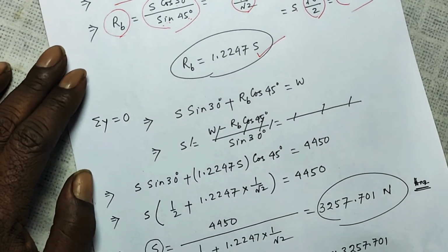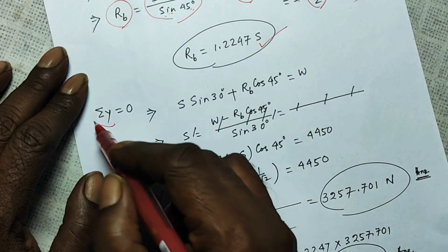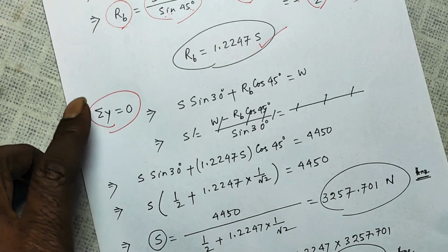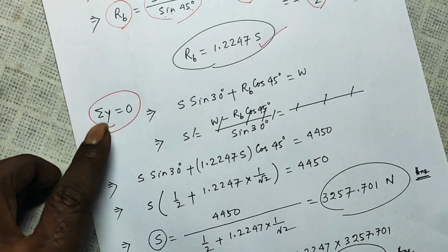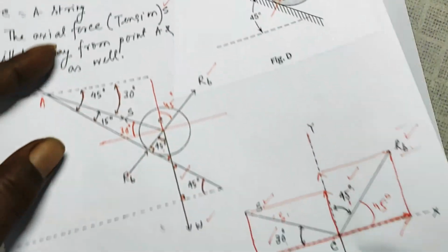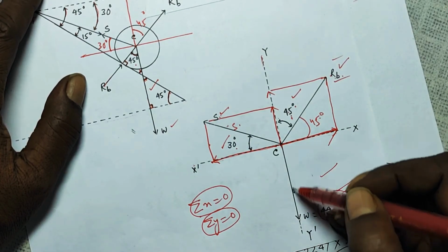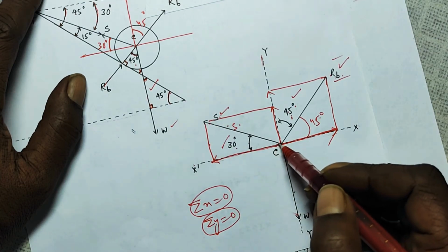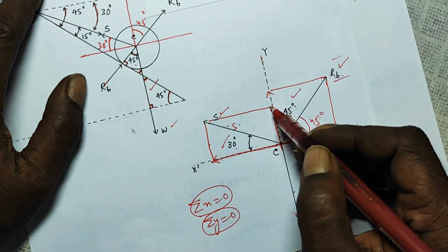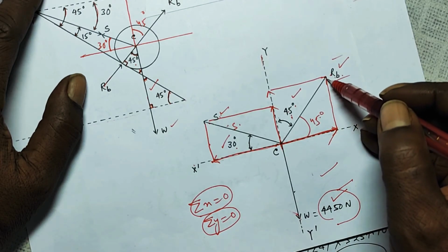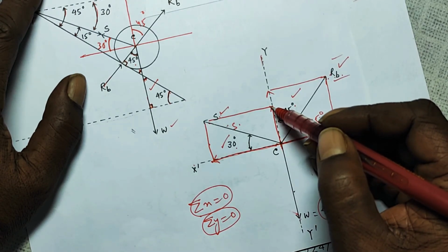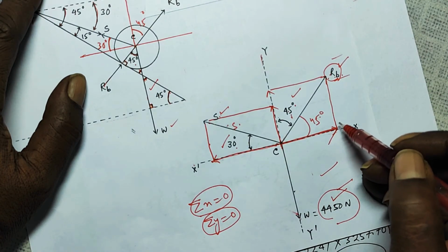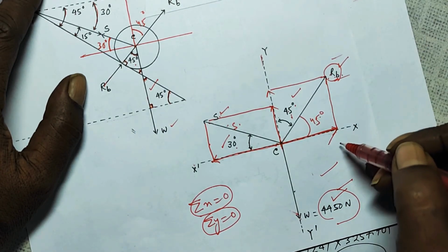Now let us go for sigma y equal to 0, meaning the vector sum of the forces along the y-axis is 0. If you look at this, W is vertically downward along the negative y-axis. The component of S along the positive y-axis will be S times sine 30. And the component of RB along the positive y-axis will be RB times sine 45.